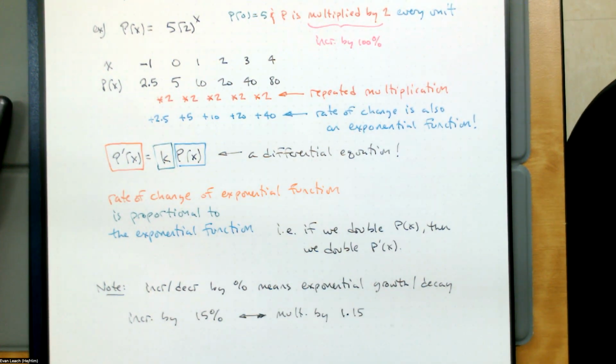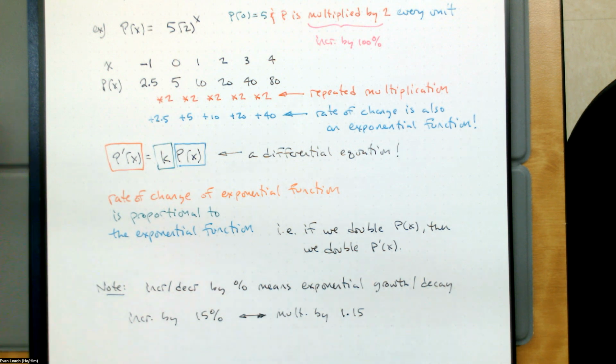The 1 represents the 100% that you get to keep. If it's increasing by 0%, we will multiply by 1. Adding 0 is no change. Multiplying by 1 is no change. So if we increase by 15%, we'll multiply by 1.15: 1 for the 100% that we get to keep, 0.15 for the 15% extra.